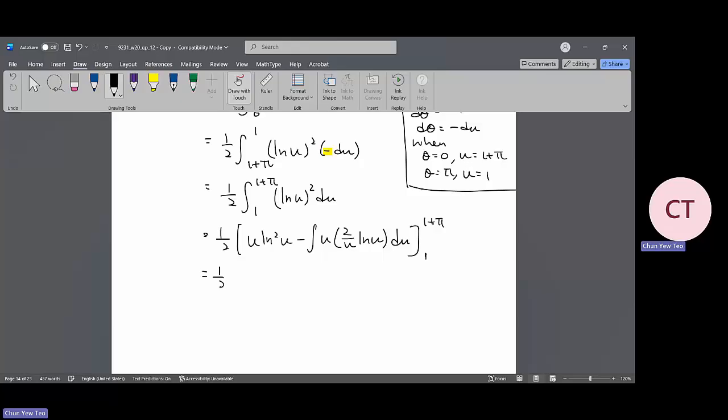Then you need to repeat this process again, but before you repeat, you simplify them to become 2 ln u first. So you can see that we need to do the integration by parts one more time. So this time you will get 2 times u ln u minus the integral of 1.